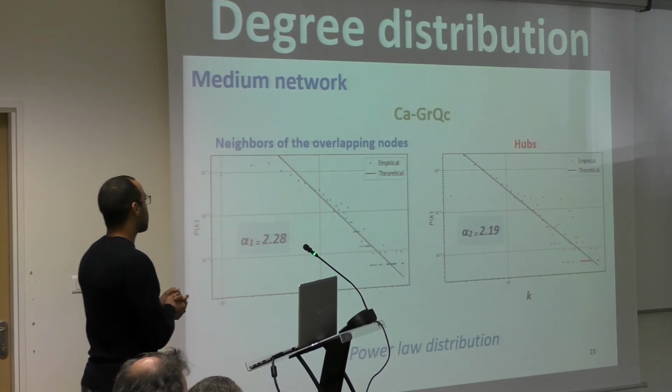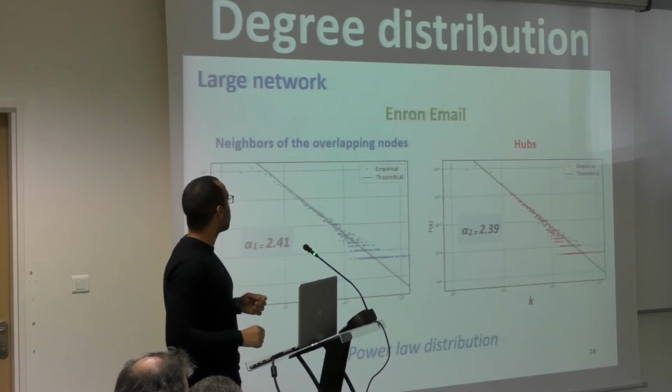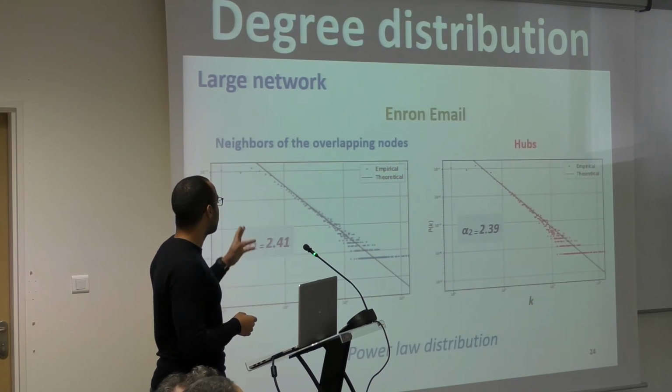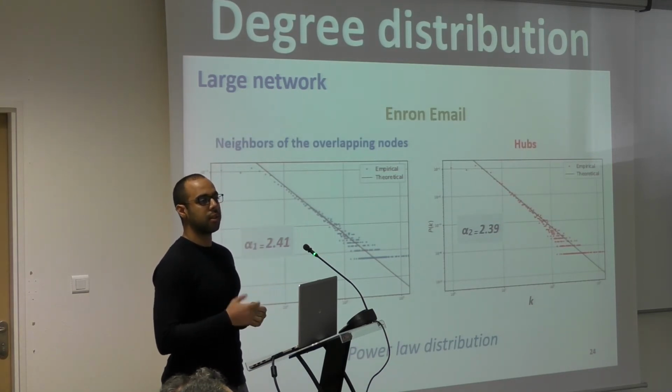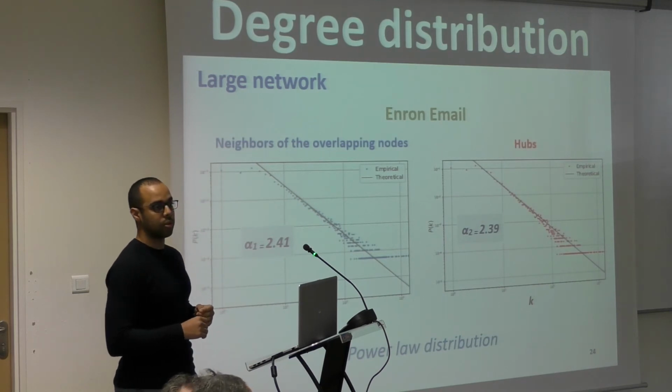After that, we also analyze the degree distribution of both lists, and this for medium and large networks. We notice from the results that both lists exhibit a heavy tail degree distribution. We also represent their estimated degree distribution under the power law hypothesis, and the results show that the exponents are very close.